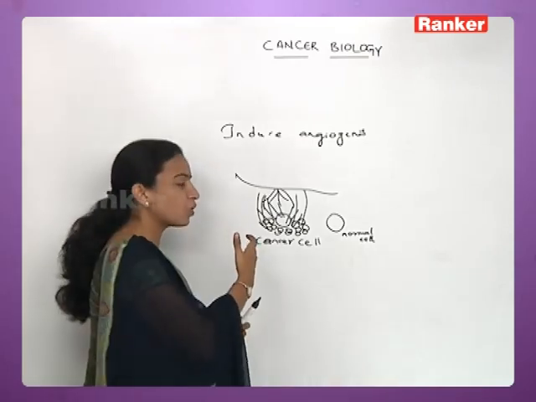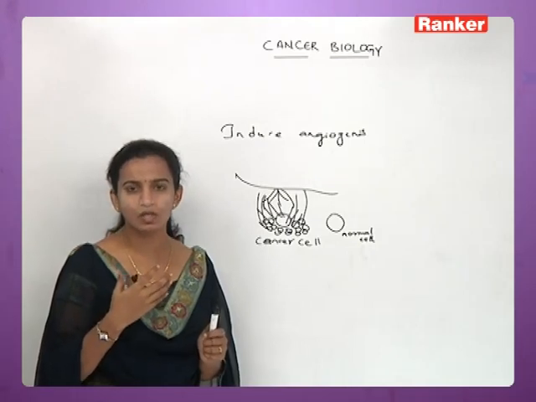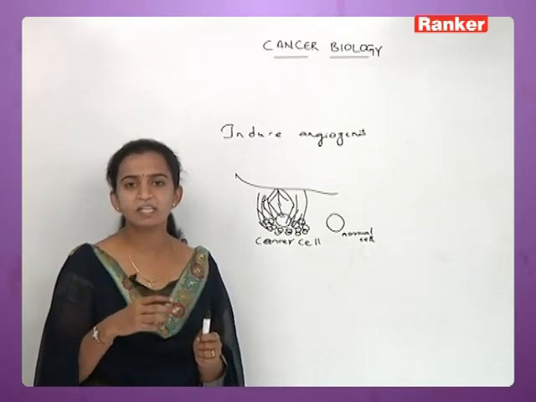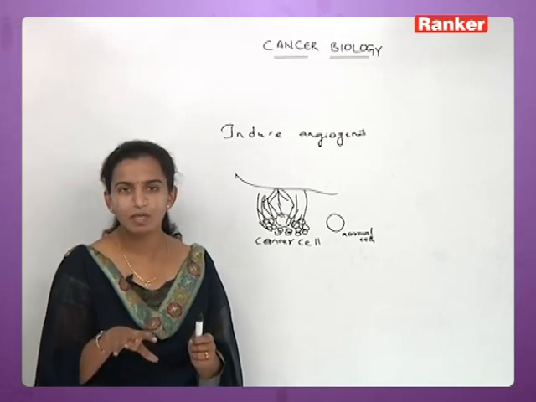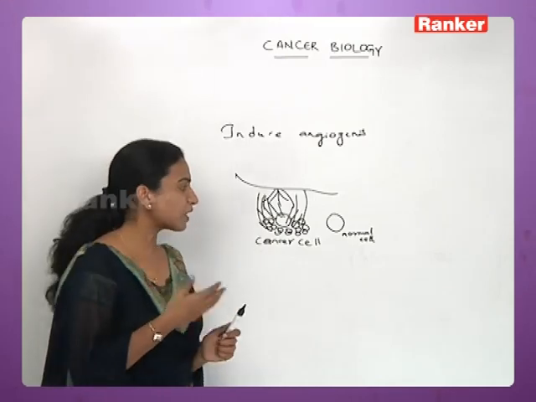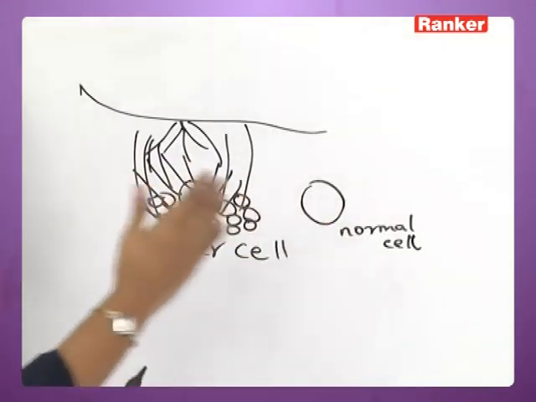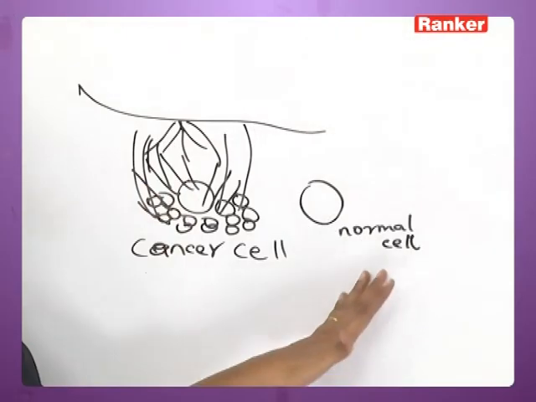So when it is growing, a kind of unstoppable growth is taking place here. The blood vessel thinks that this is the important place where I need to provide the blood, because growth or division is taking place. So the normal cell present beside this cancer cell starts starving.